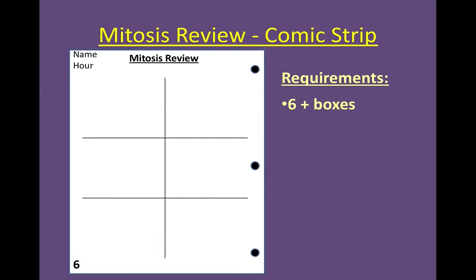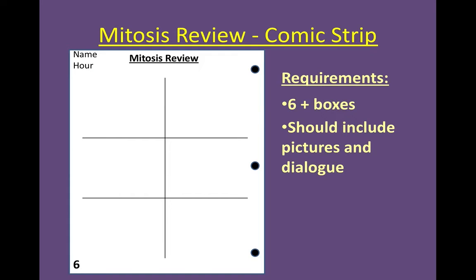But you must do at least 6 boxes. You should include pictures and dialogue of a cell going through the process of mitosis. And you must use color for this. So there's colored pencils in the green baskets that you can use when you are working on this. Please make sure you add color and that you have pictures and dialogue included.